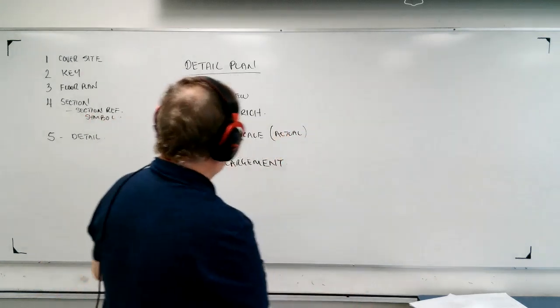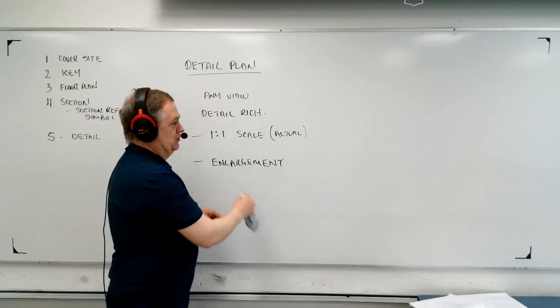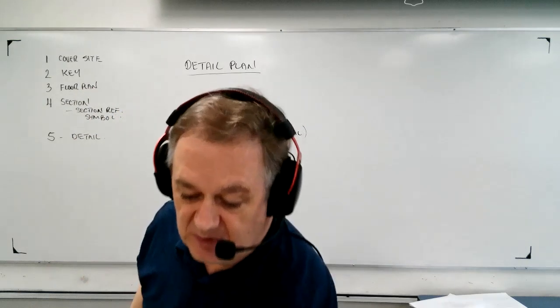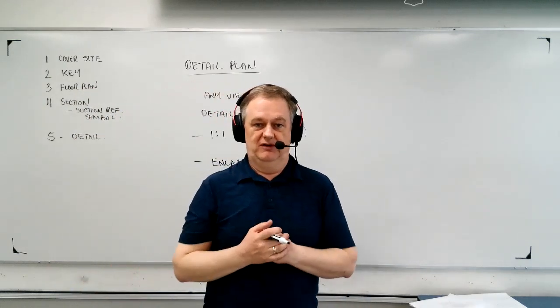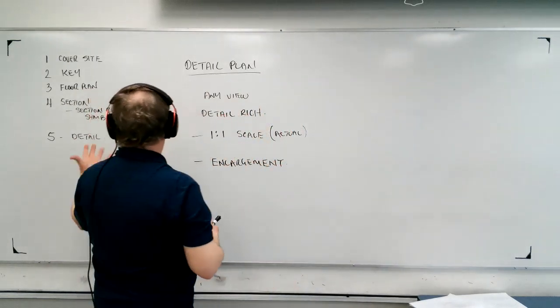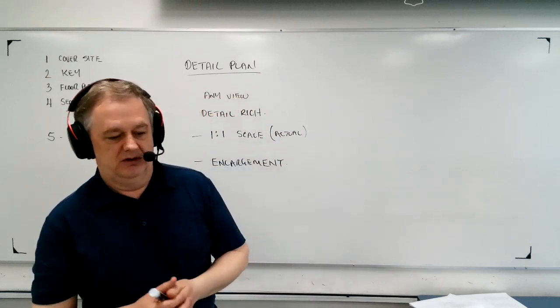So you could have something that would be a 2-to-1, and you'd literally have a detailed drawing of the item, and it would be double the size of what the actual object was in real life. So you can see how the scale changes depending on what type of plan you're looking at.